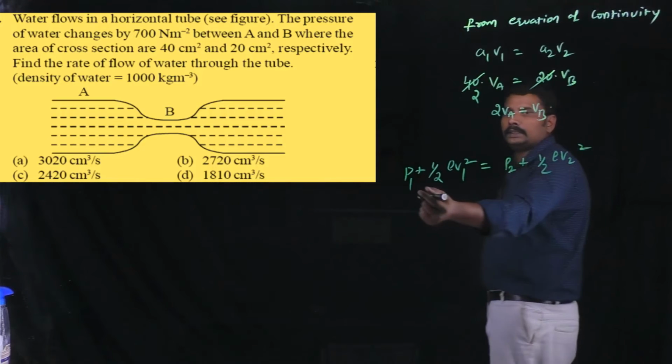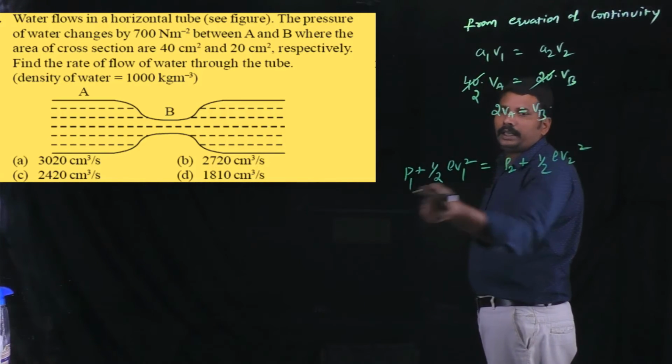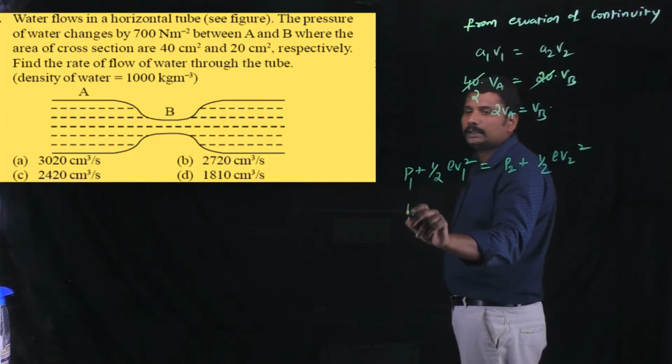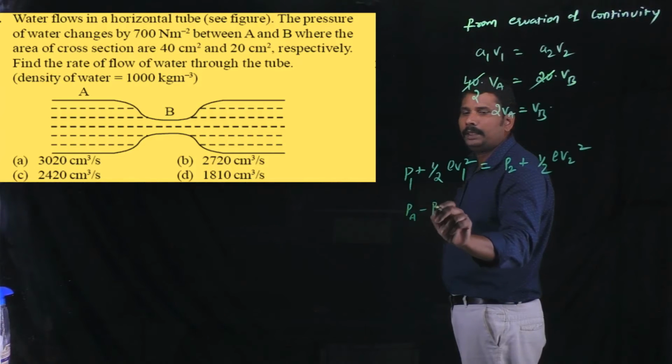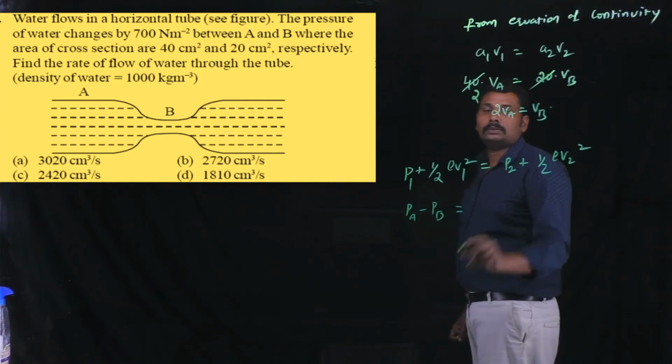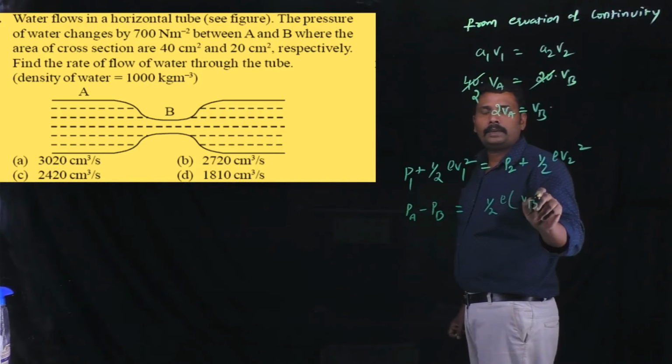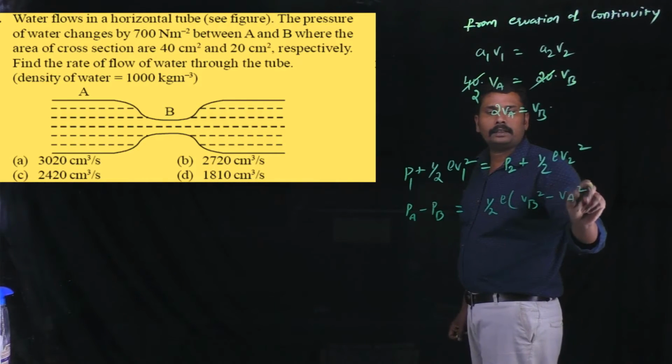Here 1 means position A and 2 means position B. Simply it is PA minus PB is equal to half rho into VB square minus VA square.